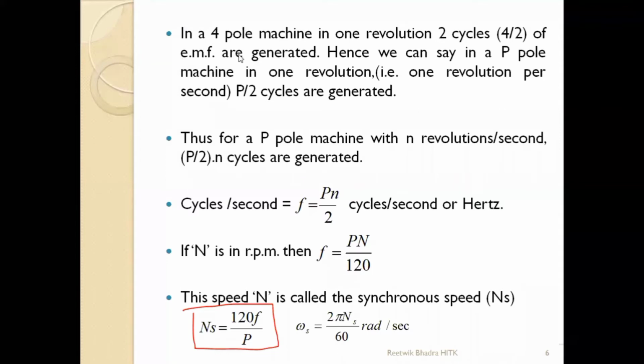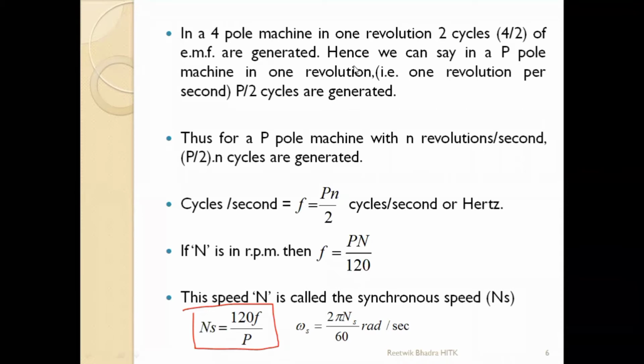So in a 4 pole machine, see, in one revolution, right, one revolution means 360 degrees, the rotor is rotating only one time, D to D, one revolution. There are 2 cycles of EMF generated, 2 complete cycles of sine wave. How are we getting that 2 cycles? We can do it with the factor P by 2, that is 4 by 2.